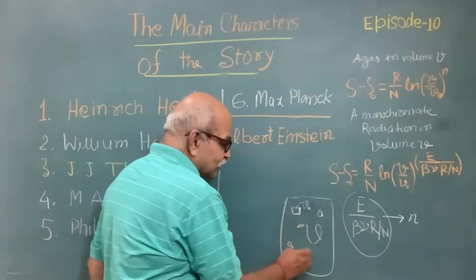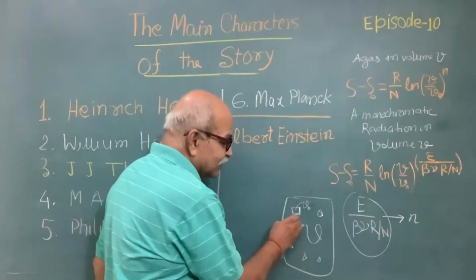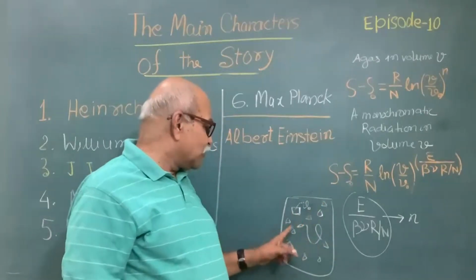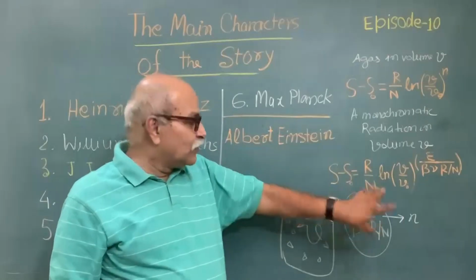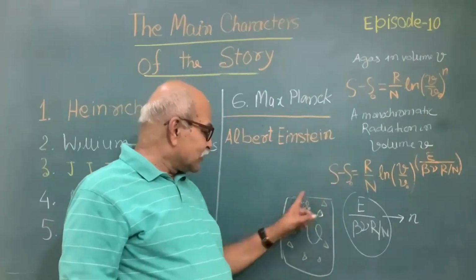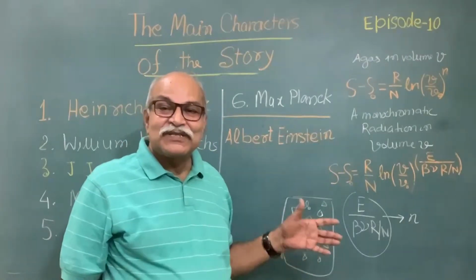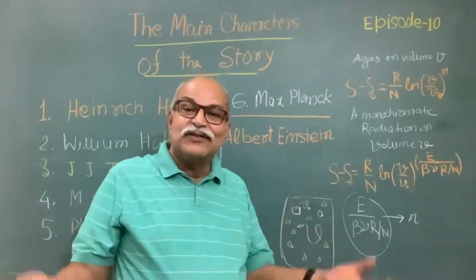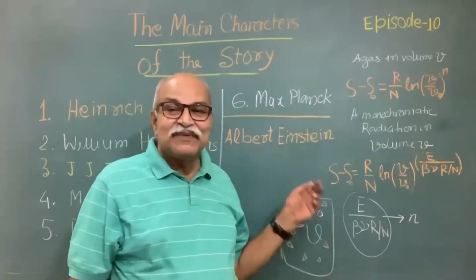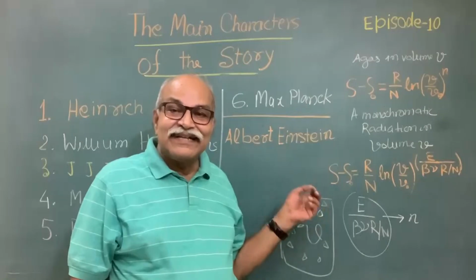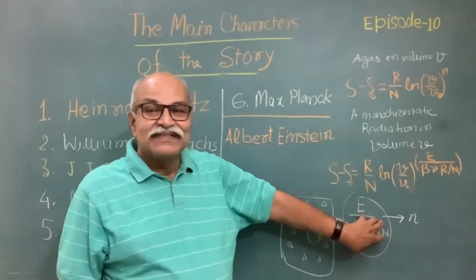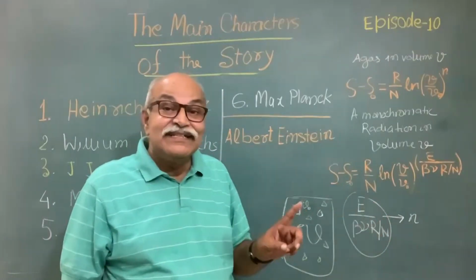Location here, location here, location here, at one given instant. So the total number is small n, that is this. And the whole energy of the radiation is either here or here or here, and the total is capital E. So the whole energy of this electromagnetic wave is not continuously distributed over the volume, but it is confined at certain definite locations, a finite number. How much is the number? Is this? These are your energy quanta.